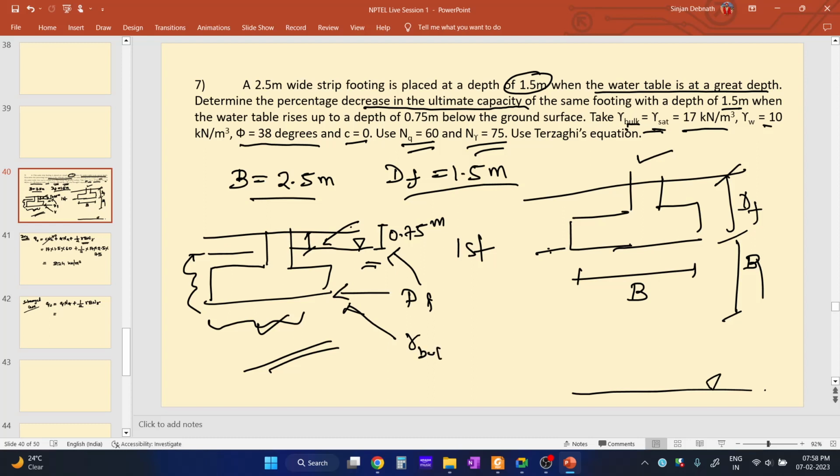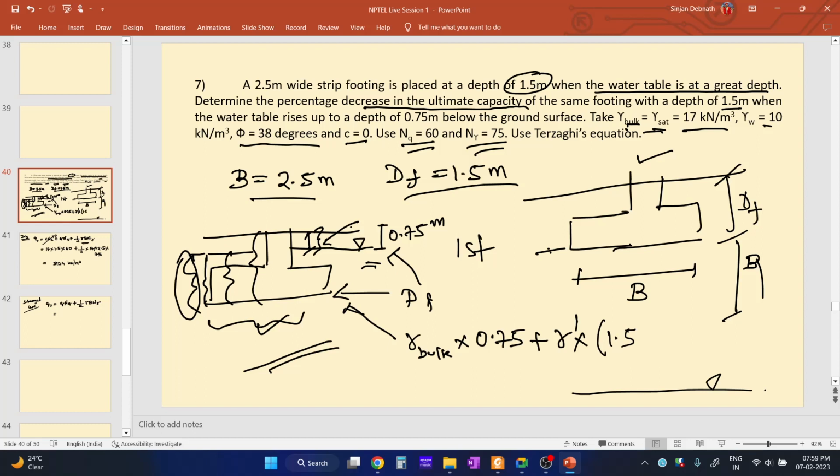So gamma bulk into 0.75 plus this part is totally submerged, so gamma submerged into what is the depth of this part? The total depth Df is 1.5 meter and this part is 0.75.